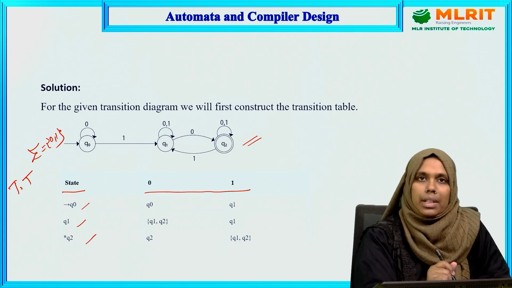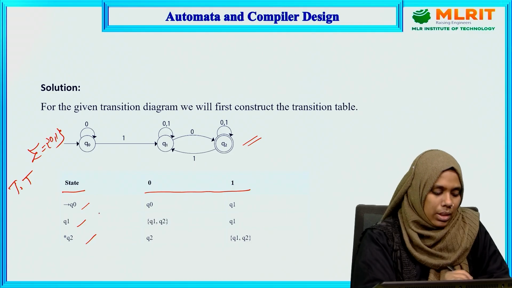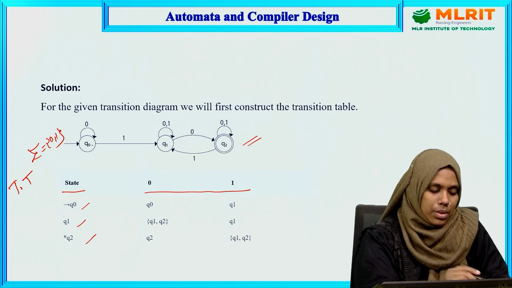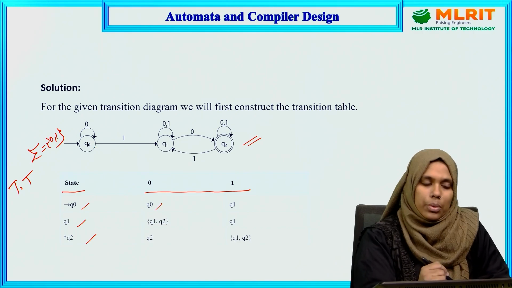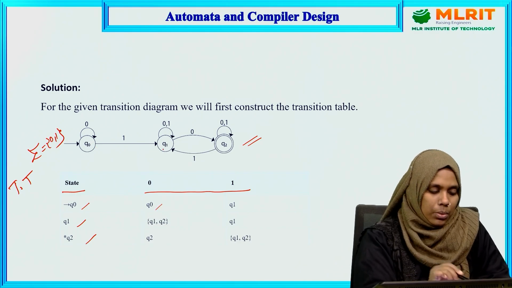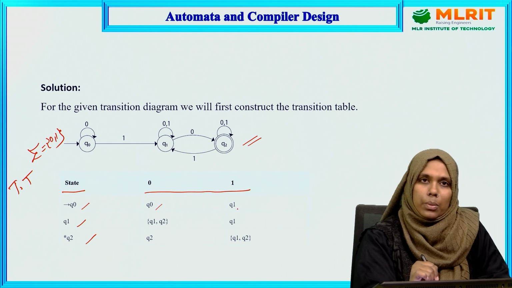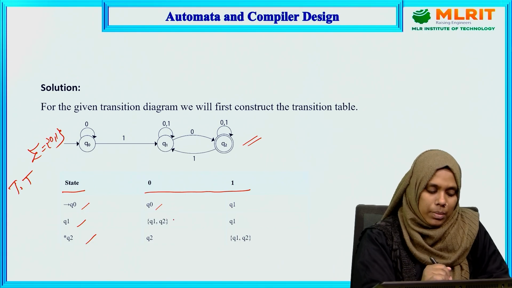Now we have to find the transition function for the transition diagram. From Q0 on 0, what do we have? We have Q0. From Q0 on input 1, we have Q1. In the same way, from Q1 on 0, we have Q1, Q2.